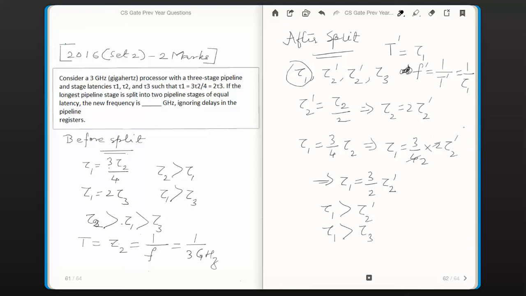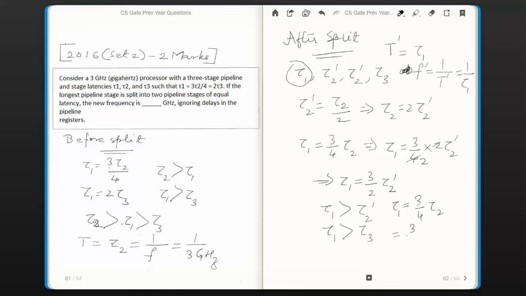The value of tau 1 can be found from the relationship between tau 1 and tau 2, because we already know the value of tau 2 is 1 by 3 gigahertz. The relationship is tau 1 is equal to 3 by 4 tau 2.